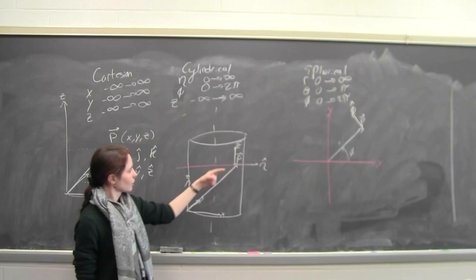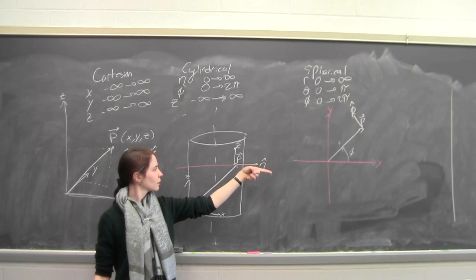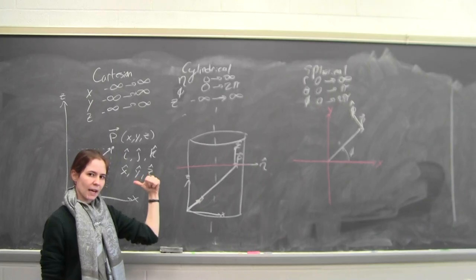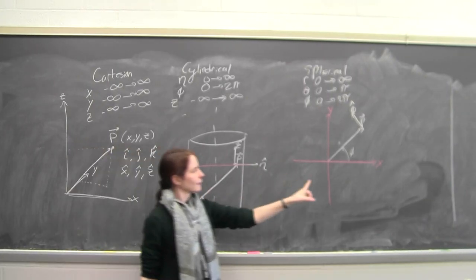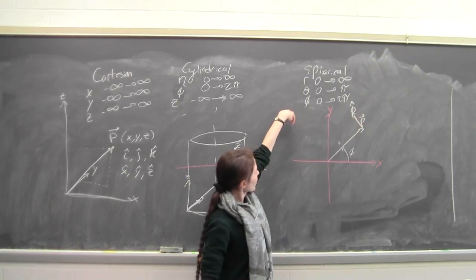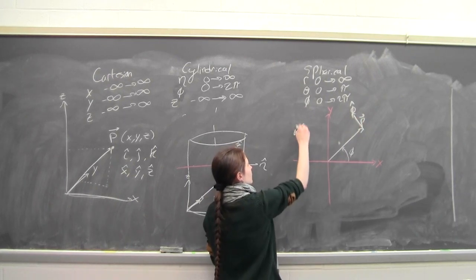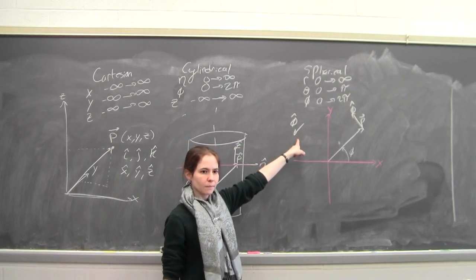For example, here, at this point, eta points in this direction. But over here, eta is pointing in exactly the opposite direction. Phi hat points in this direction right here, so it would be pointing down and to the left over here.